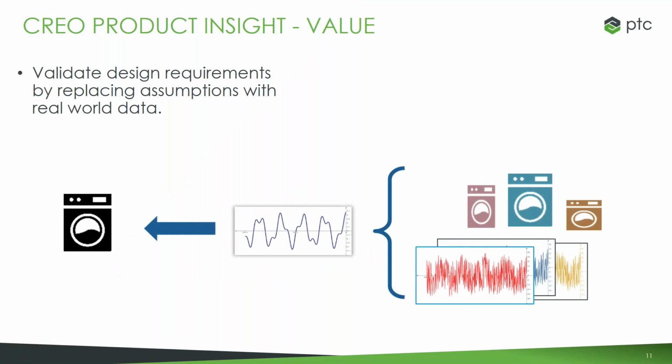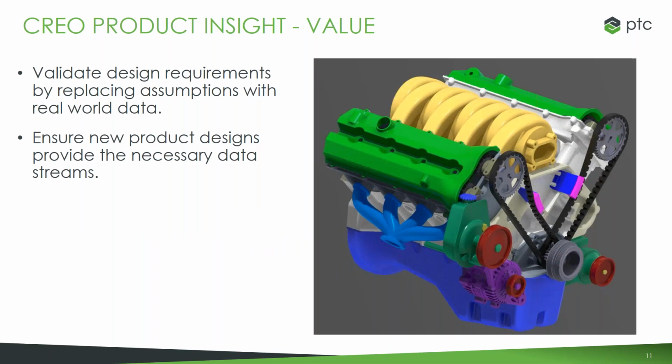Some value that this can bring to a team is that it allows you to validate your design requirements with real world data. You might think about how it will be used in the field, but now you can bring that information in and streamline that process. This also means you can ensure new product designs provide the necessary data streams you're going to need to test and validate that it works.